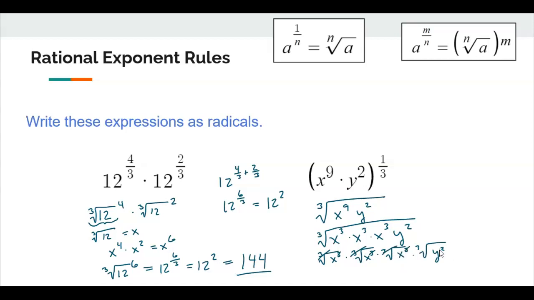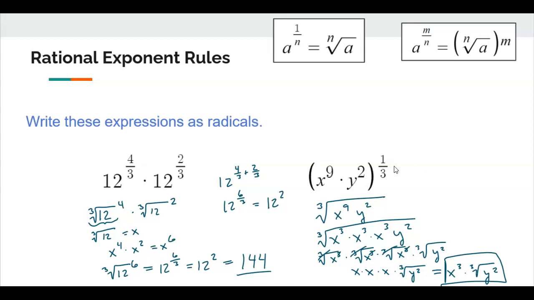These ones don't cancel because that's a 3 and a 2, but the rest of these did, and we get x times x times x times cube root y squared. Now x times x times x is just x cubed times cube root y squared. There is our simplified version in radical form.